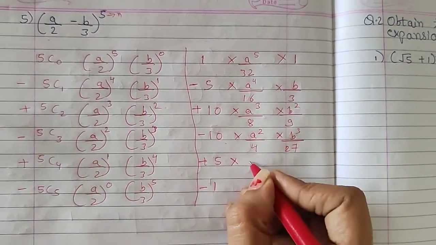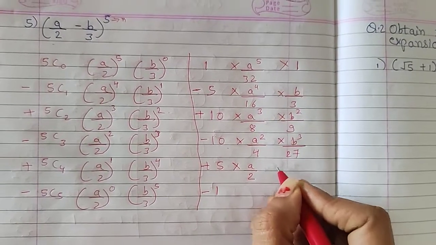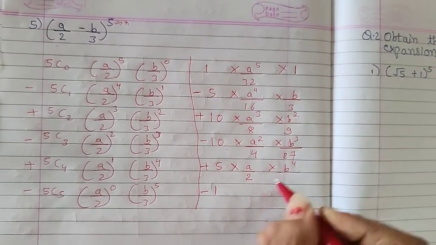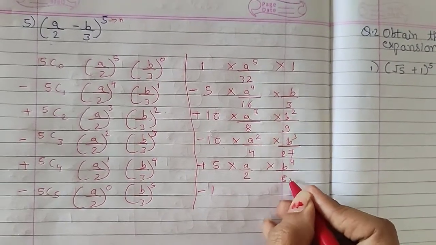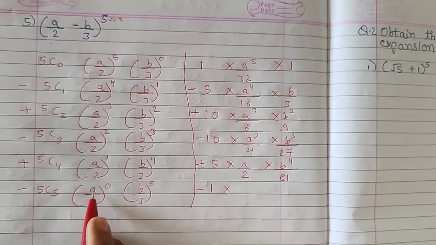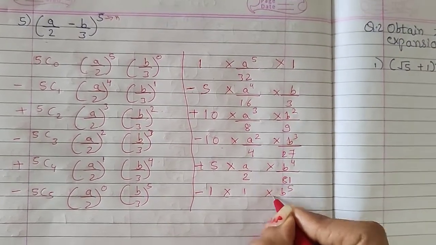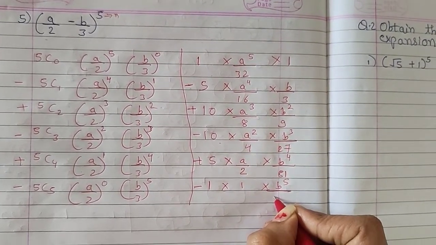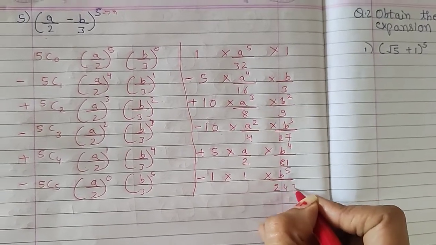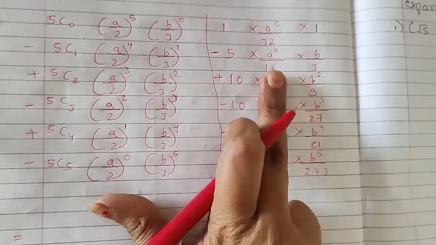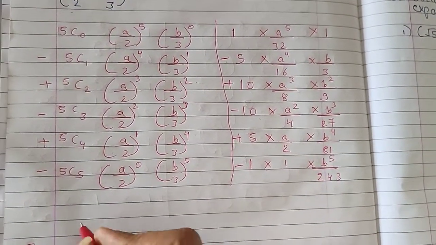Now a upon 2 into b raised to 4 upon 3 raised to 4, that is 81. A upon 2 raised to 0 is 1 and b raised to 5 upon 243.